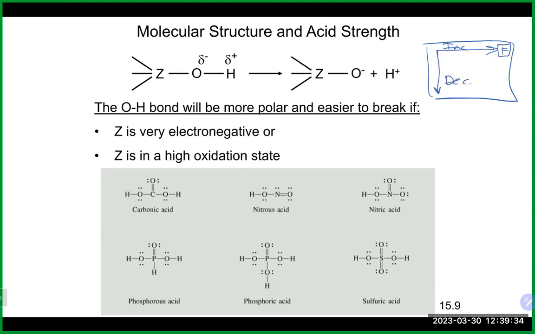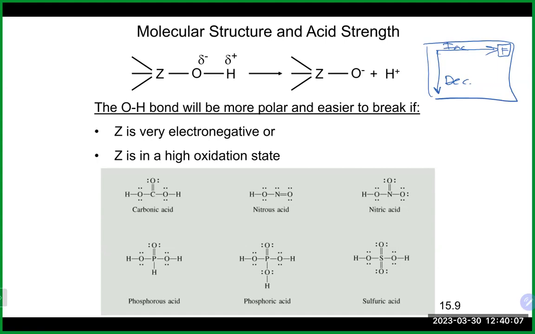Oxidation state, as you might remember from some redox material, and we'll talk more about in a later chapter, is the charge that an element takes, oftentimes in a situation where they are sharing electrons. So oxidation state is not necessarily the charge you may associate with an element in an ionic compound, because in an ionic compound we have a full transfer of electrons from the metal to the non-metal, which means it gains a normal charge.